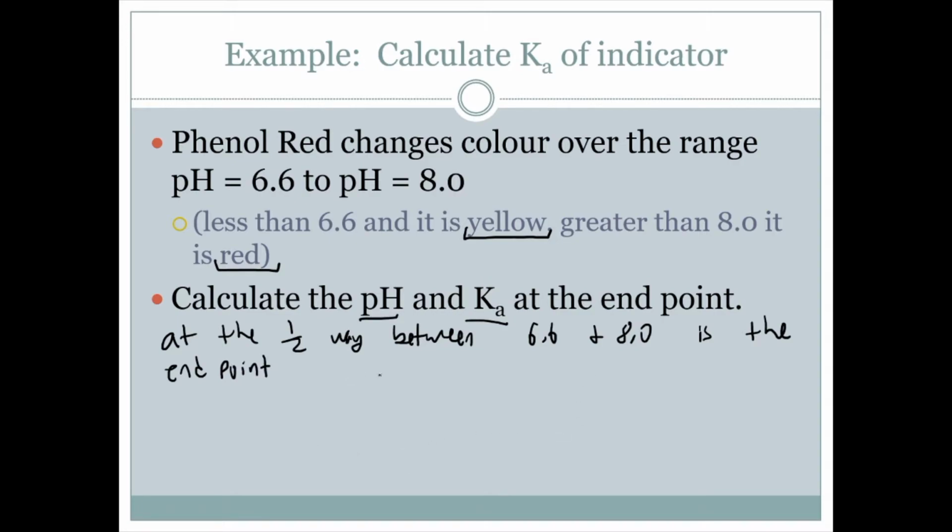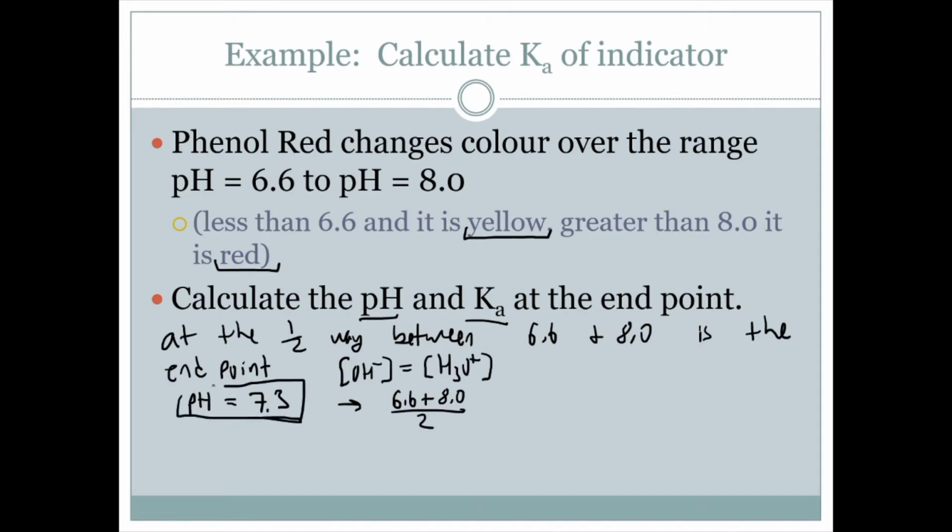So halfway between 6.6 and 8.0 is 7.3. You take the two ends of the range and then divide by 2. That's how we get our pH of 7.3.